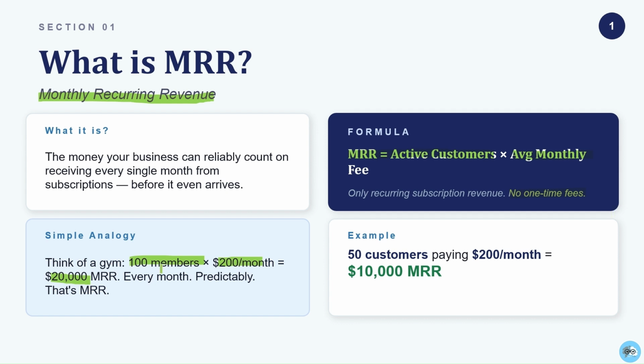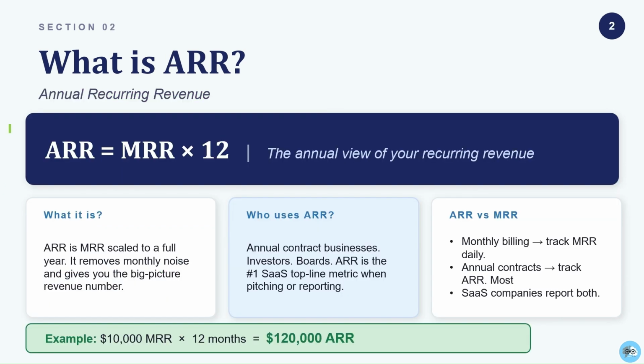Moving on to our next KPI, which is ARR. ARR is annual recurring revenue, which is calculated as MRR into 12. ARR tells us how much recurring subscription revenue a business expects to generate in 1 year from its active customers. You can think of ARR as the annual view of your recurring revenue.